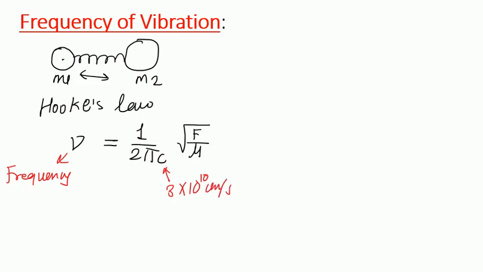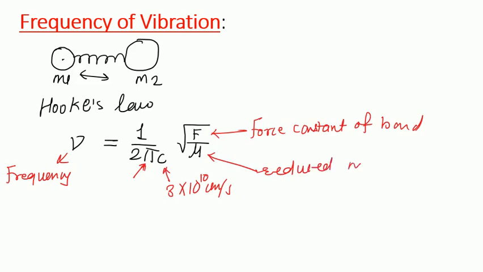Pi is a constant, its value is 3.14. Then F is the force constant of the bond, and mu is the reduced mass of the atoms, denoted by M1 M2 upon M1 plus M2.